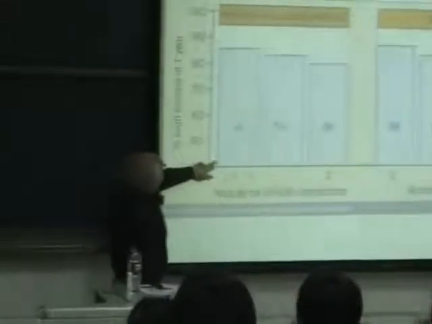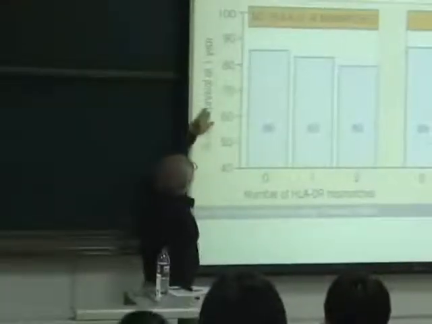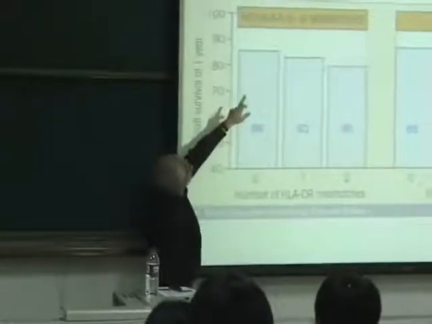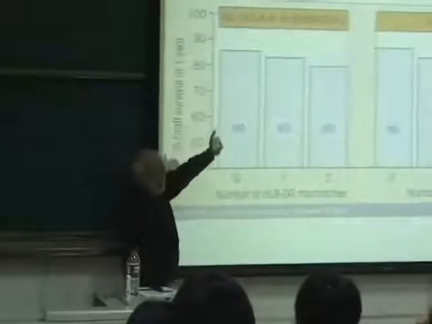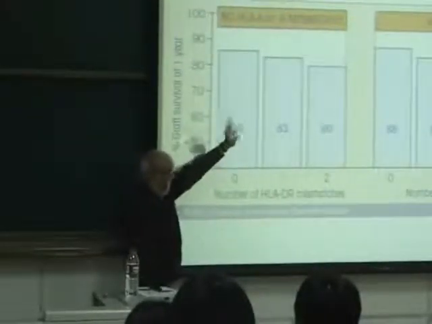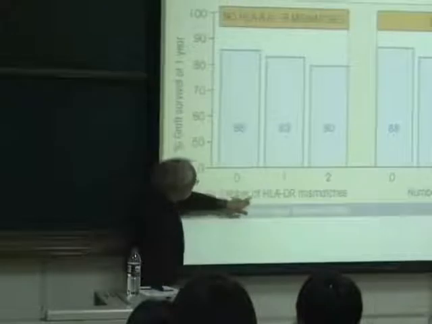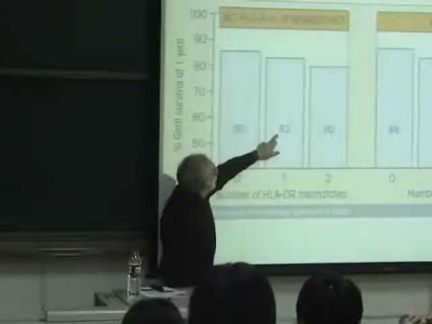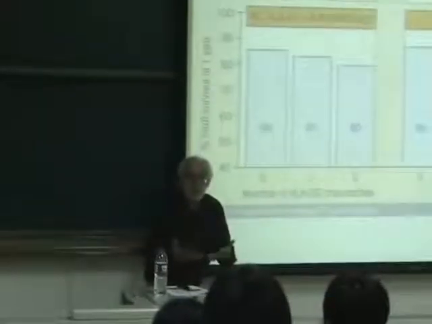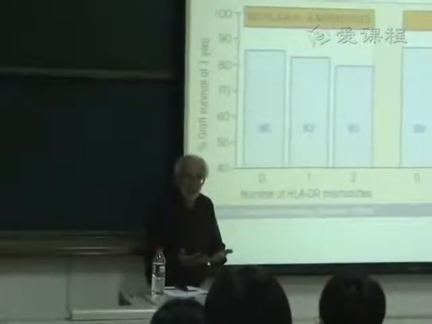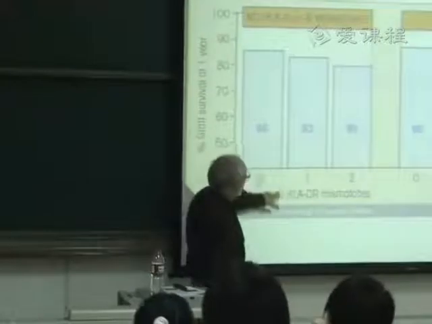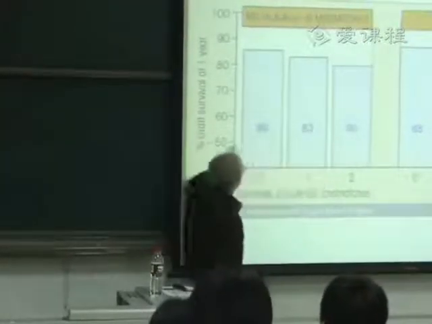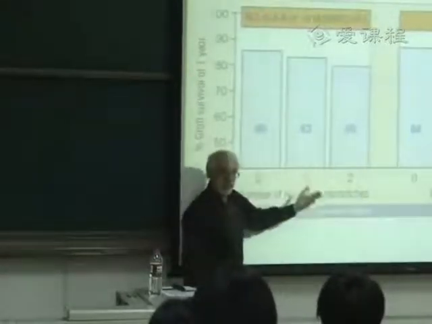So if there are no mismatches, then the graft survival at 1 year is 86%. But even if both HLA A and B are matched, if there is one mismatch at DR, this goes down from 86 to 83. So it's not a huge difference, but it is a significant difference. It's actually statistically significant. If there are 2 mismatches at DR, then 80% survival at 1 year. So again, a bit less.